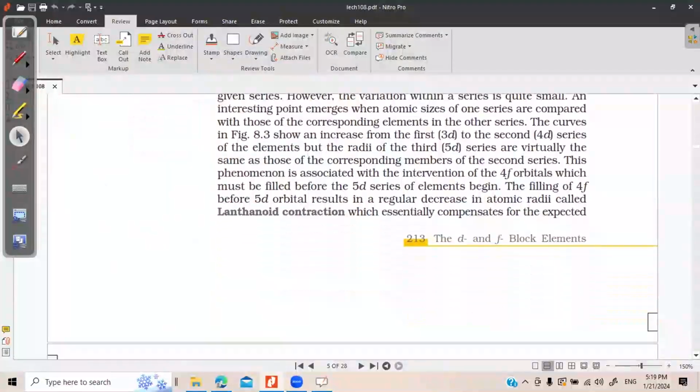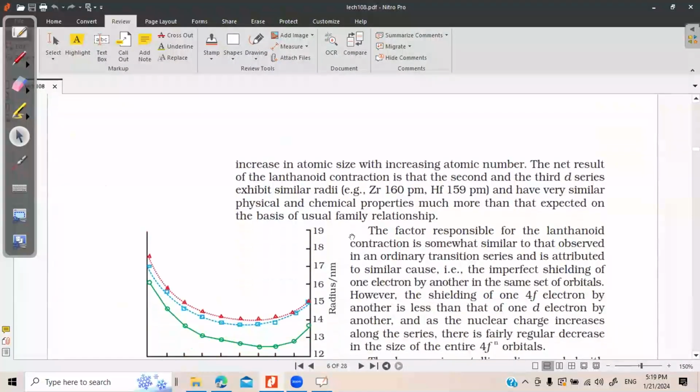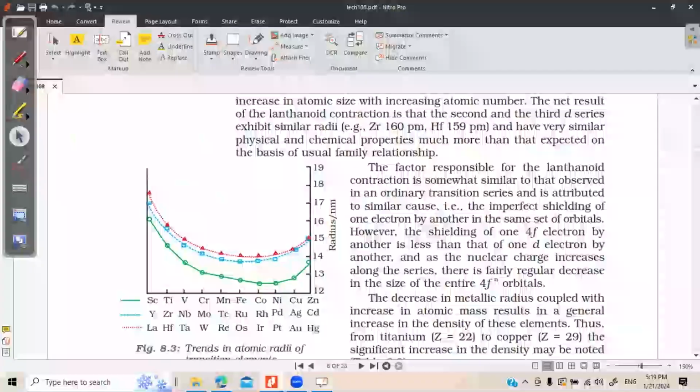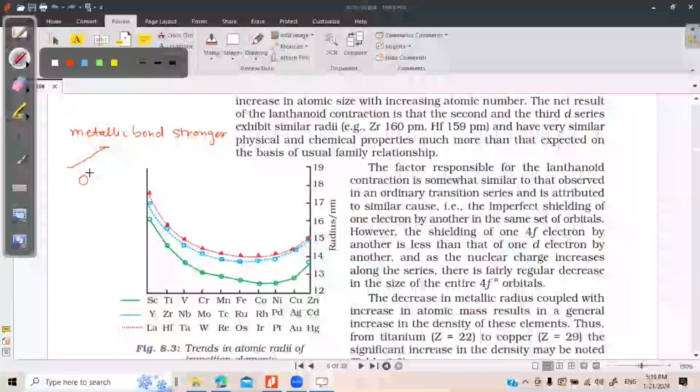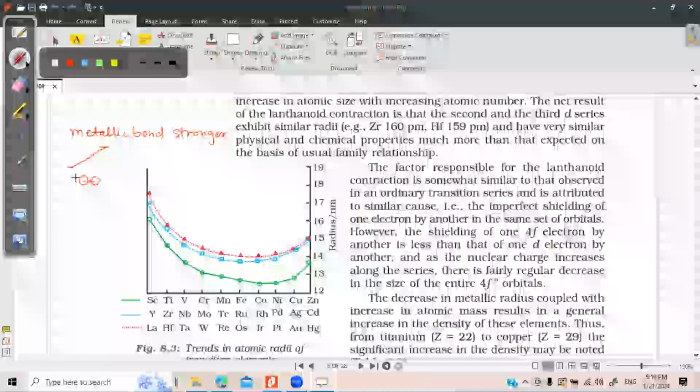Now atomic and ionic size of the transition elements. Because of these metallic bonds, as the metallic bonds become stronger, from starting and becomes strongest at the middle, what will happen? If metallic bonds are stronger, the atoms will try to come close to each other.